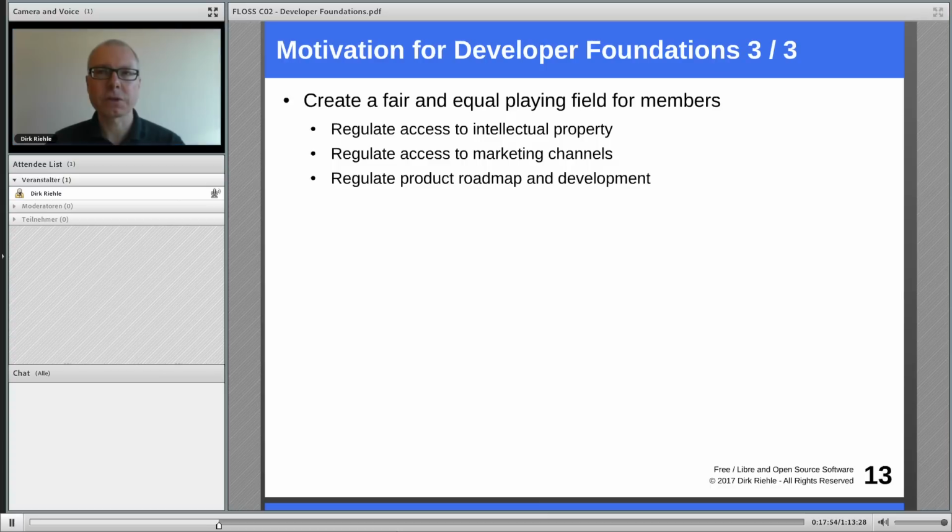If you are selling services for WordPress, then you need to be allowed to use the label WordPress and the associated trademarks, and you usually get that by joining the WordPress Foundation and behaving according to its rules and regulations. But such foundations may also manage conferences, so there are important marketing channels by which you can reach your customers and your markets.